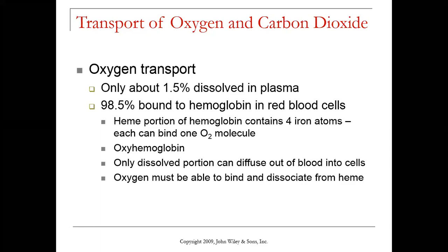When the hemoglobin combines with the oxygen, it is known as oxyhemoglobin, and only the dissolved portion can diffuse. So when the hemoglobin is holding the oxygen, it cannot diffuse. In order to free that oxygen, the hemoglobin should leave the oxygen, and then that free oxygen can diffuse out of the blood into the cell.